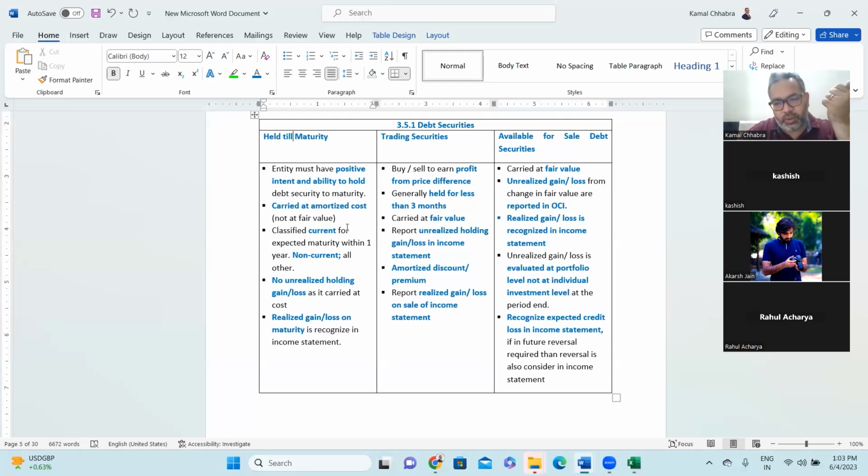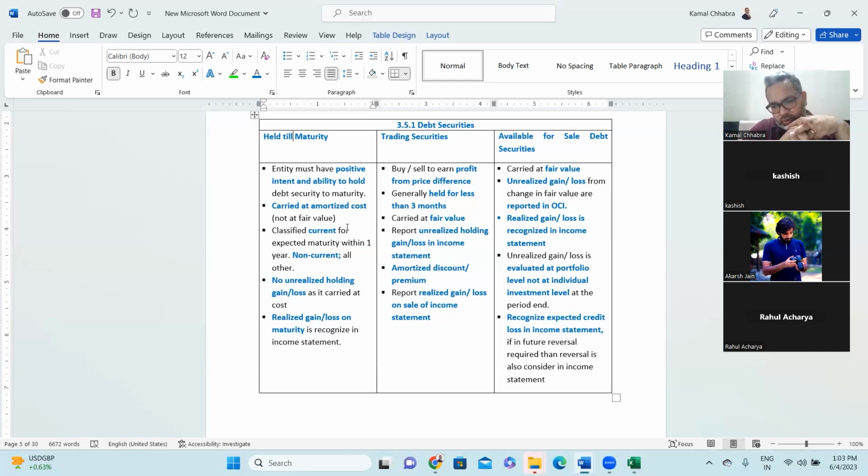Here, I am quickly repeating 4 important things. First one is the classification of any debt security as held till maturity. You need to keep 2 things in mind: first is intent, and second is ability to hold. Then coming to the valuation, at what amount that investment needs to be captured in the balance sheet.